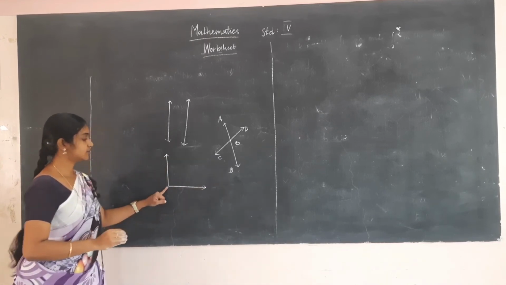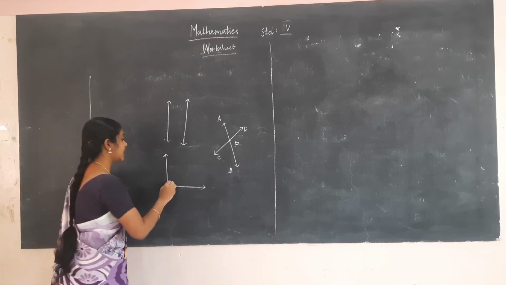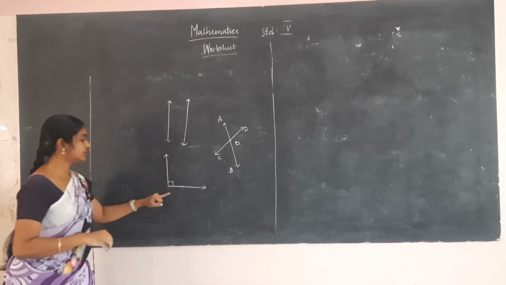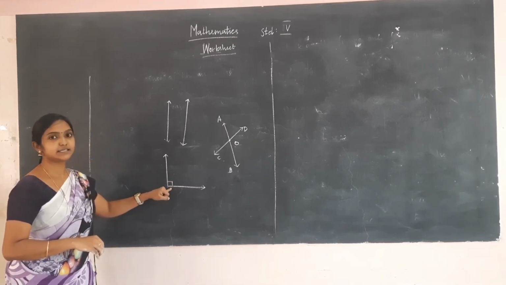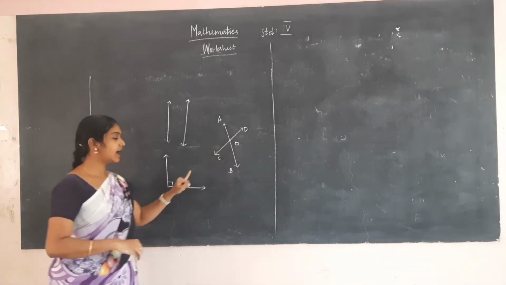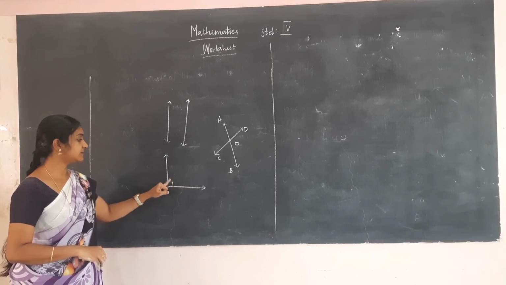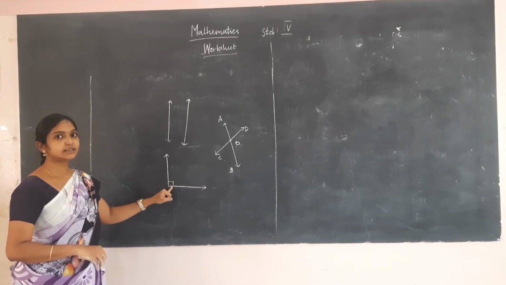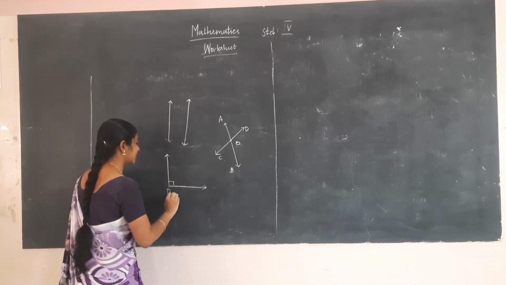Now consider two rays and the angle formed in between them will be 90 degree, that is right angle. If two lines intersect and the angle formed in between them is 90 degree, then we call them as perpendicular lines.